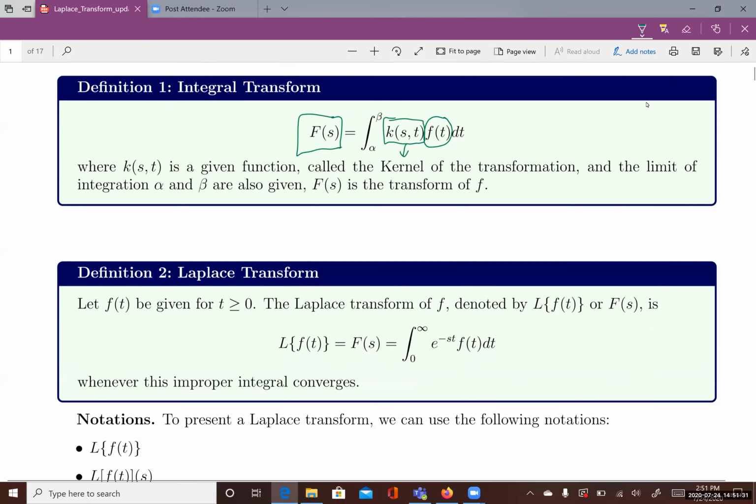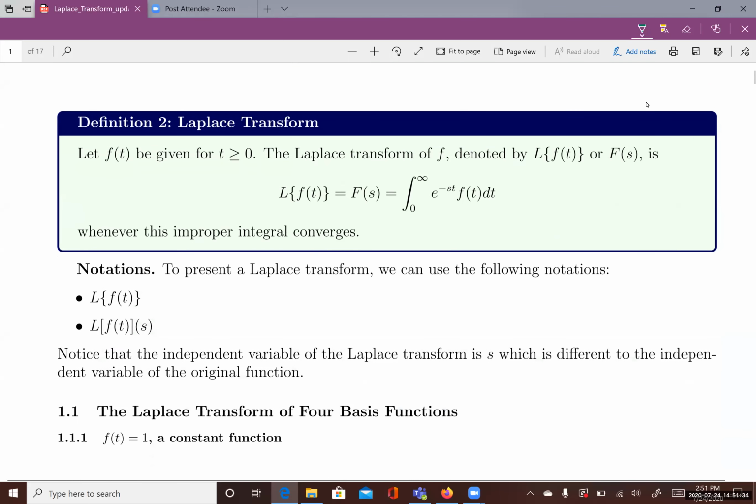Then we can talk about Laplace transform. This is the definition of Laplace transform. If you're given a function f of t, where t is non-negative, then the Laplace transform is denoted using L brackets f of t, or big F of s, and is the integral from 0 to infinity of e to the negative st multiplied by the function f of t.